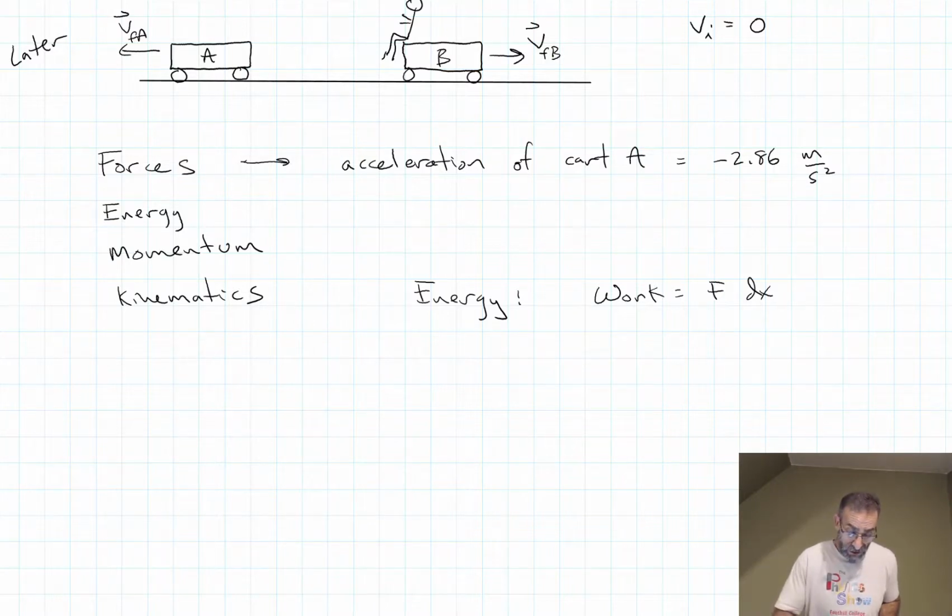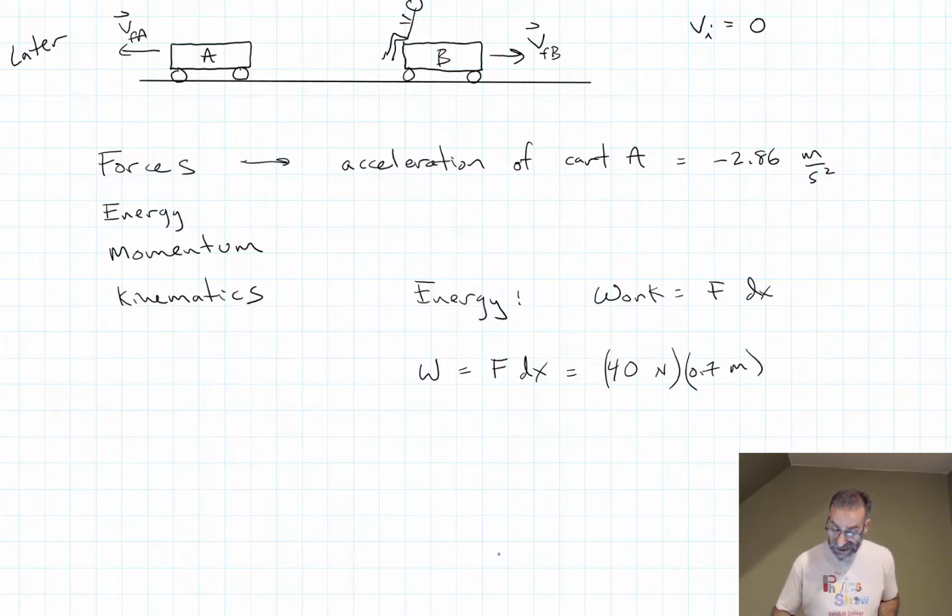So our work done on the box by our force from our legs is going to be 40 newtons times 0.7 meters.